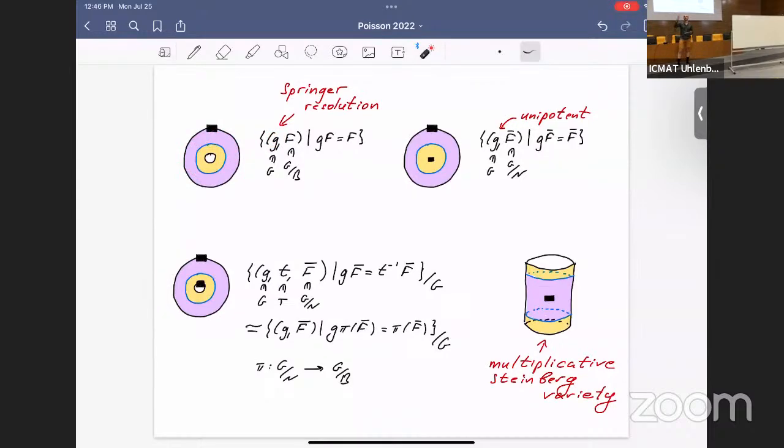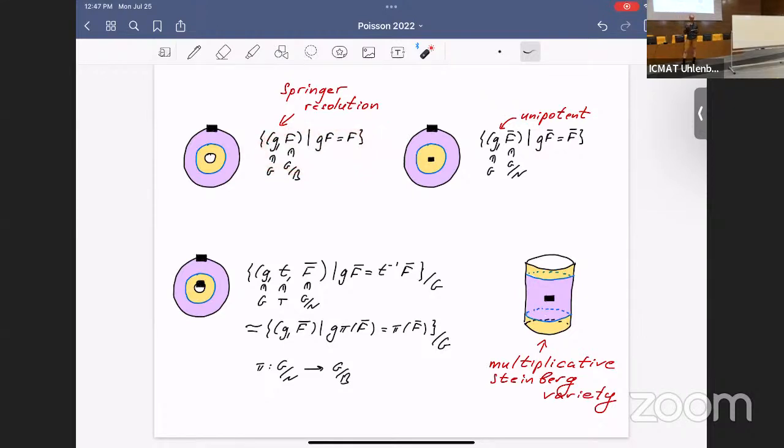And we have a B reduction in G cross T, so just a flag in G mod B, since we don't have a trivialization here. Because of how this picture works, the flag has to be preserved by G. So that's precisely pairs G and F such that G preserves the flag. This is the total space of the multiplicative Springer resolution.